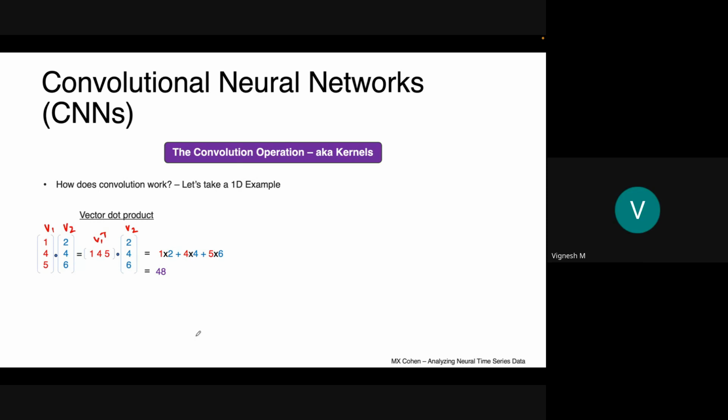So what does that tell you about these two vectors? These are vectors. If this is a 3D point in space, that's the vector. There'll be 1, 4, 5, and there'll be another 2, 4, 6.